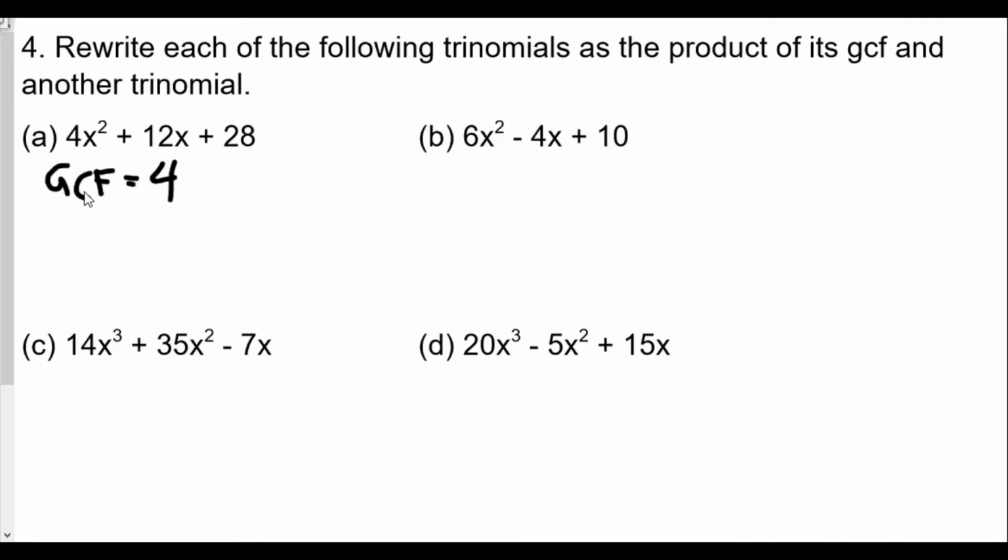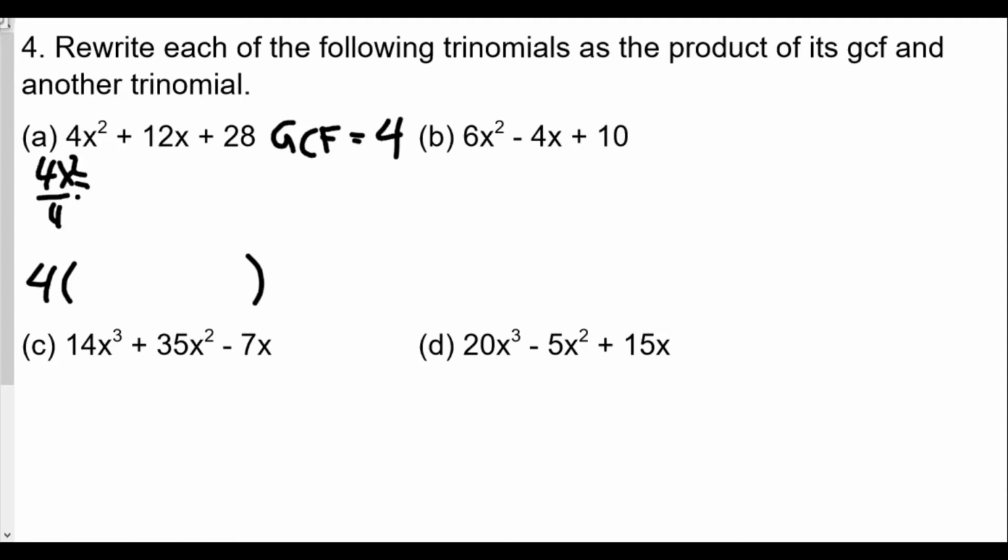All right, and I'll move over to the side here because I need a little space. GCF is 4. That means we're going to have 4, and now we're going to divide each of these terms by 4. So 4x squared divided by 4 is x squared. 12x divided by 4 is 3x.